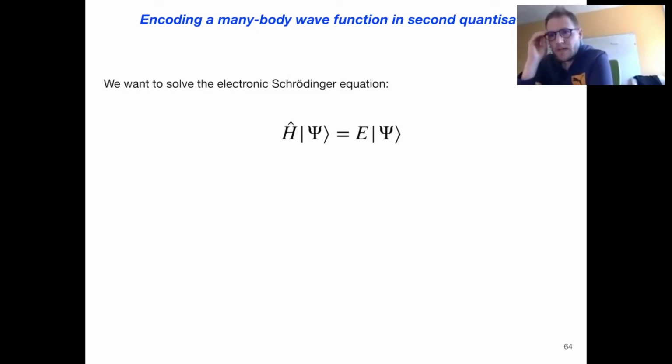DFT and other theories like Green's functions are beautiful because they try to bypass this task, but in chemistry, we can actually go for it. The size of the system sometimes allows for it, so you can really try to approach the exact wave functions. And this is where this formalism is quite powerful. Of course, it is also powerful in other fields, in DFT, but also in Green's functions. But at least in this context, you will see it's very interesting to use the second quantized way of writing things.